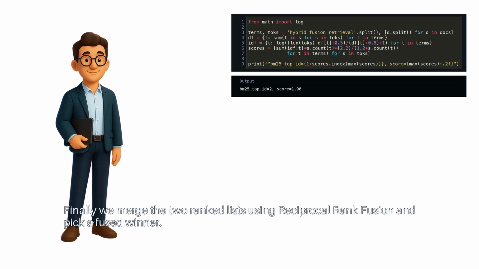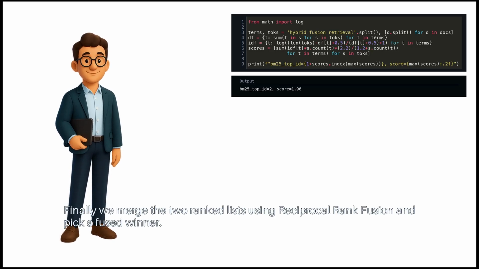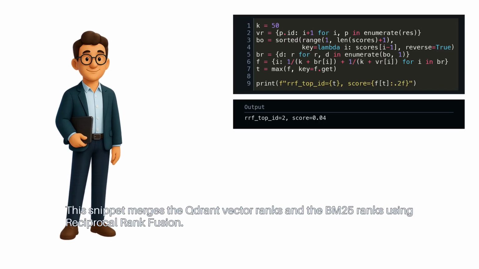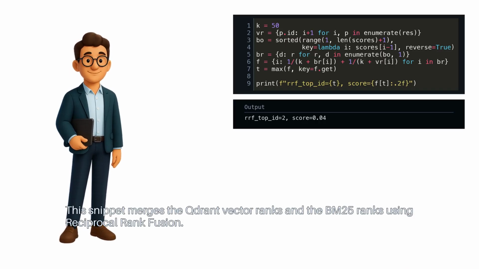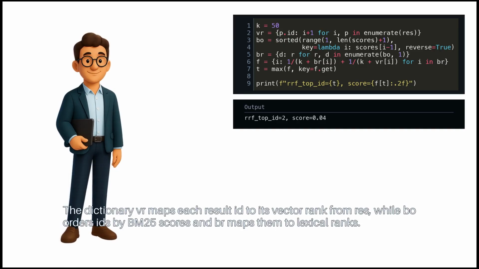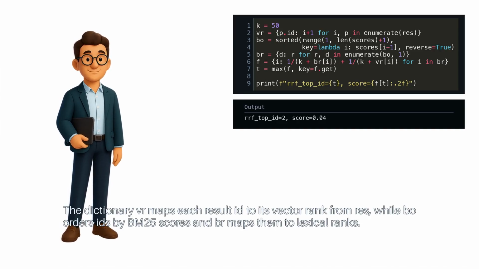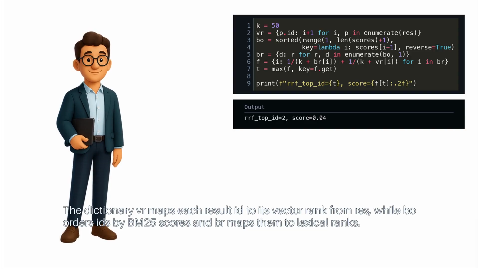Finally, we merge the two ranked lists using Reciprocal Rank Fusion and pick a fused winner. This snippet merges the Qdrant vector ranks and the BM25 ranks using Reciprocal Rank Fusion. The dictionary vr maps each result ID to its vector rank from res, while bo orders IDs by BM25 scores, and br maps them to lexical ranks.